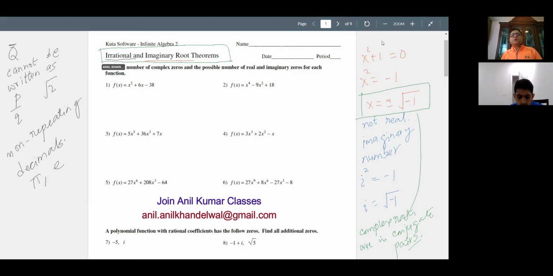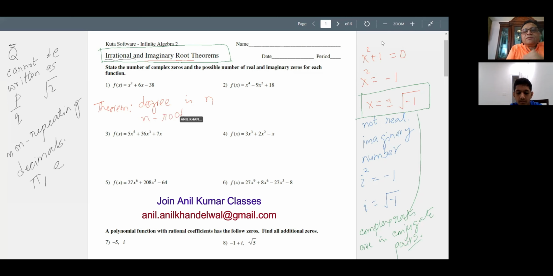And what does this theorem say? Like a polynomial, for example, if it's x to the power of 4, it has 4 roots, and it can have complex zeros, real zeros, or imaginary zeros. So if degree is n, then there are n roots, correct?